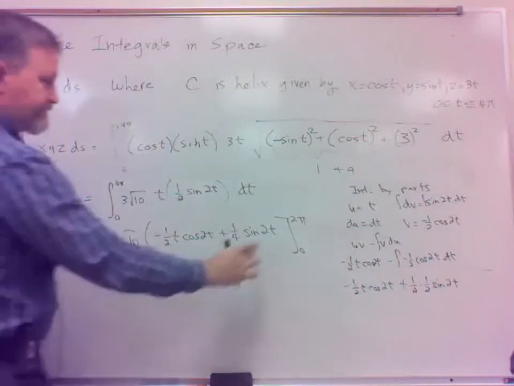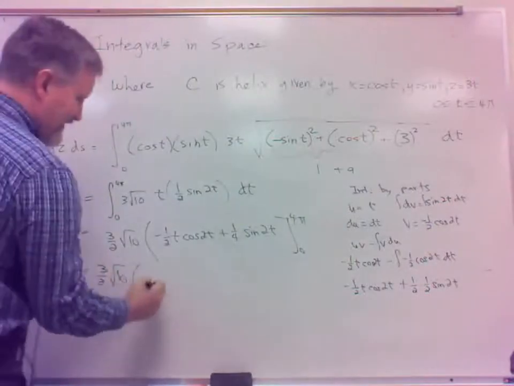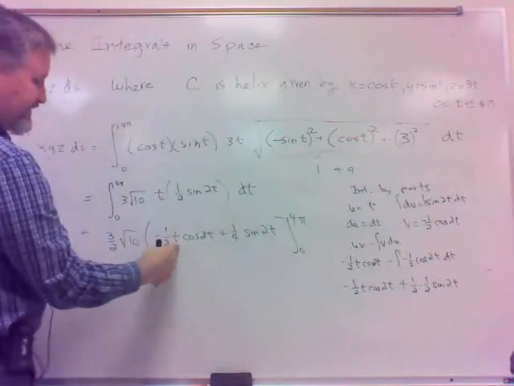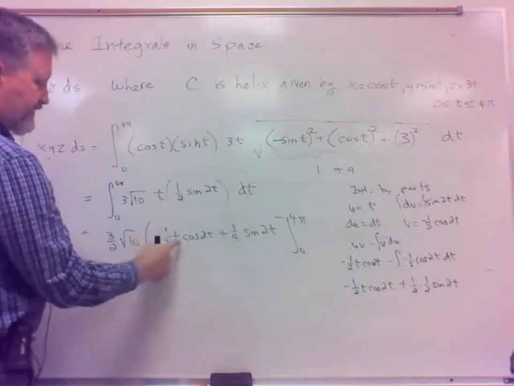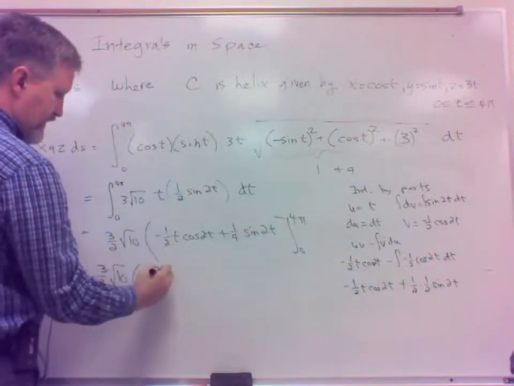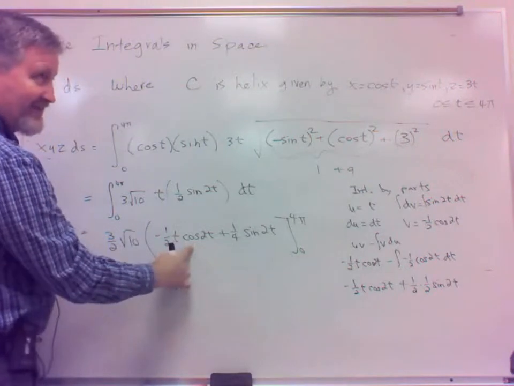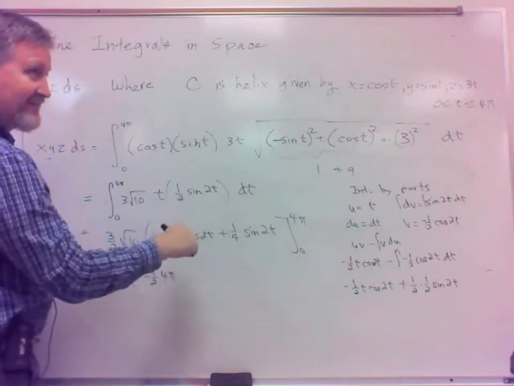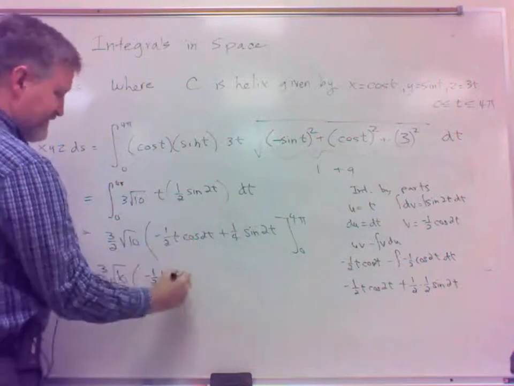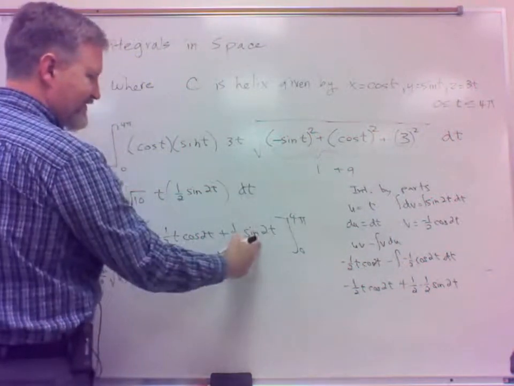4 pi. Thank you. I don't think it mattered, but yeah, it would, because I have a t. Negative 1/2 times 4 pi times the cosine of 8 pi. 1? Yeah, be 1. And then plus, okay.